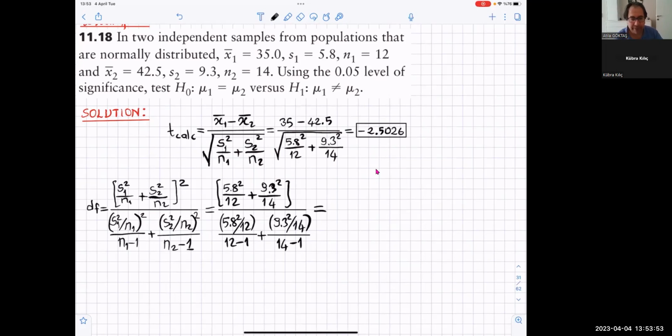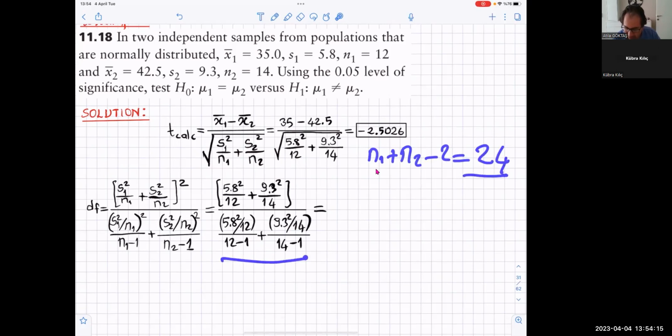Let me determine the degree of freedom. If the variances were equal, the degree of freedom would be 12 plus 14 minus 2, which is 24.